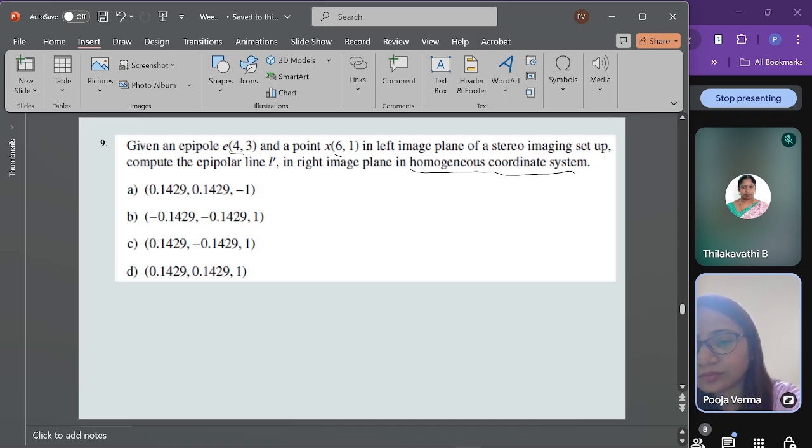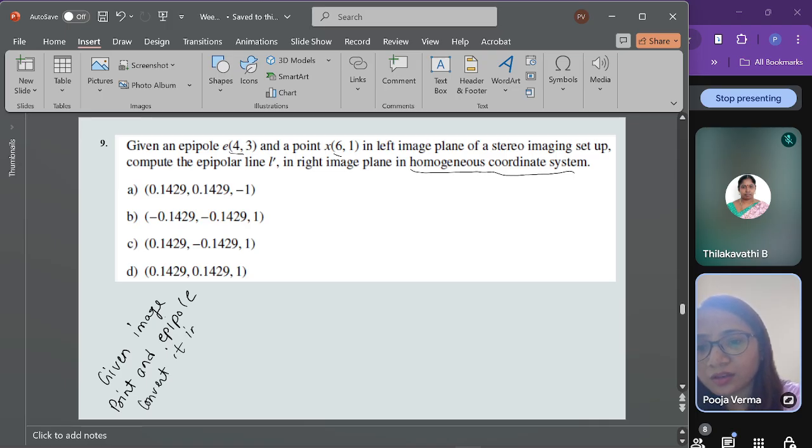Okay, so convert the given image point and epipole into homogeneous coordinates.